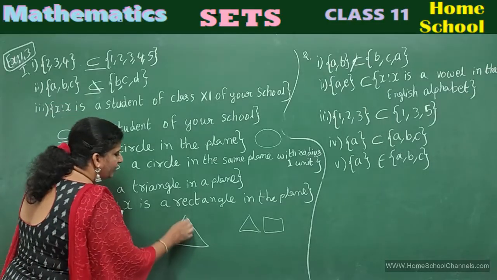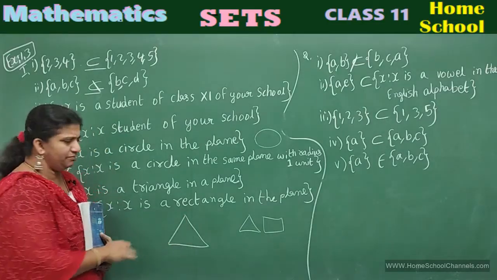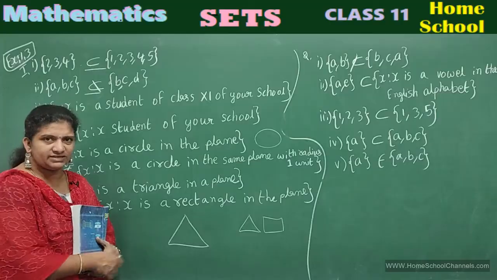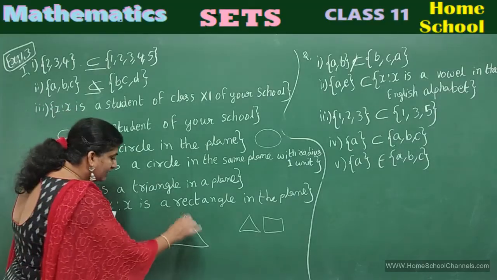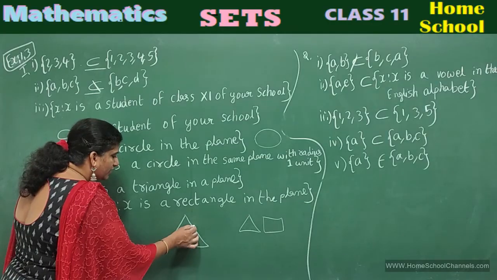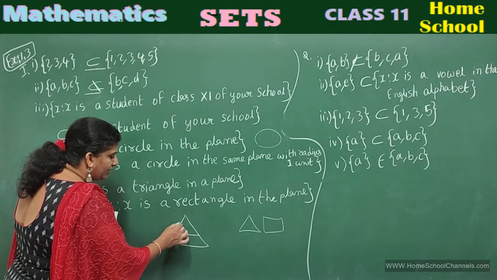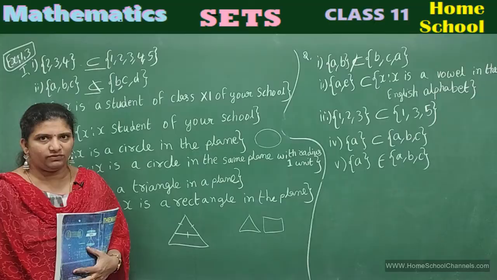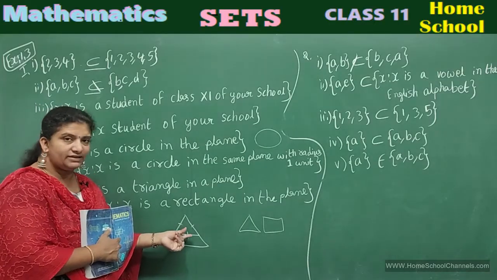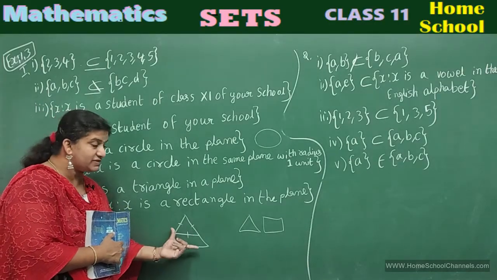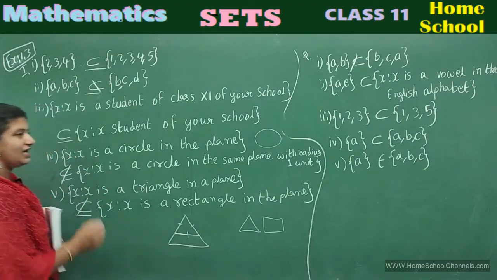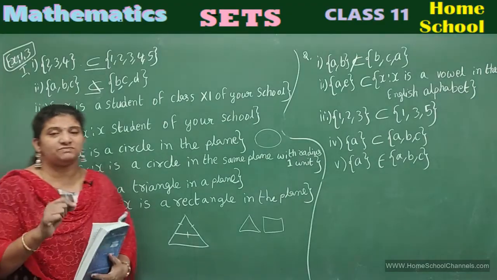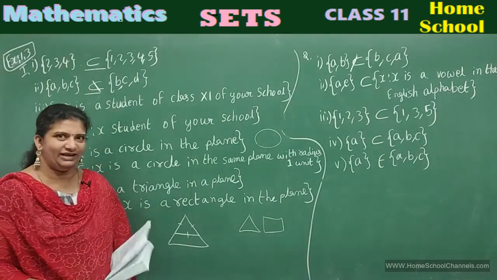Suppose I take any triangle, maybe all sides not equal, or two sides equal. Suppose I take an equilateral triangle where all sides are equal. I say that this equilateral triangle is a subset of this triangle set. Yes or no? Yes, an equilateral triangle is a subset of any triangle.